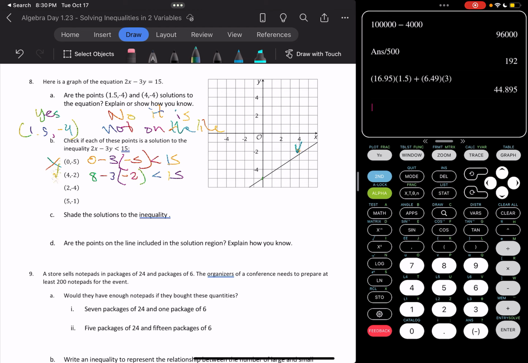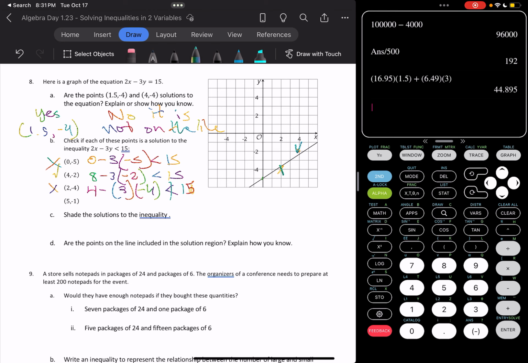Then 2 comma negative 4. So 2 times 2 is 4, minus 3 times negative 4 is going to be positive 12, so 16. 16 is not less than 15, so this one does not work. So 2 comma negative 4, which is this one down here, does not work.